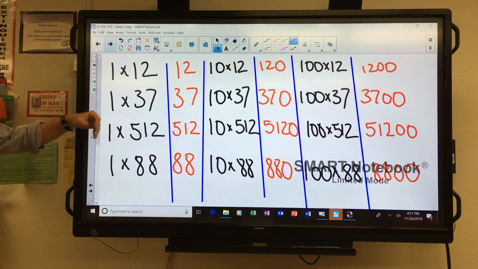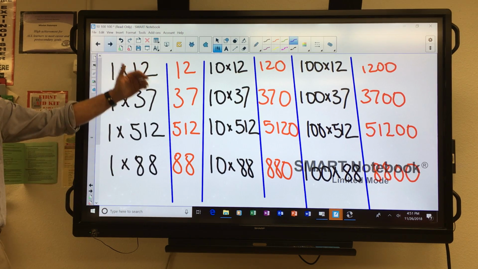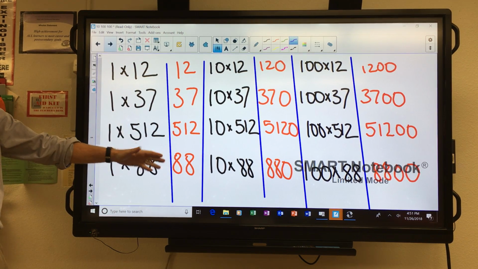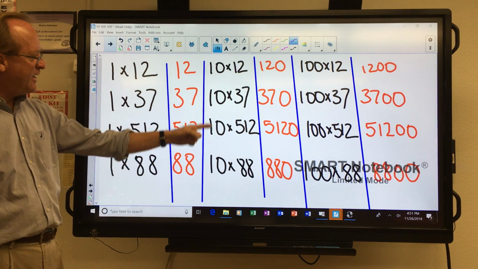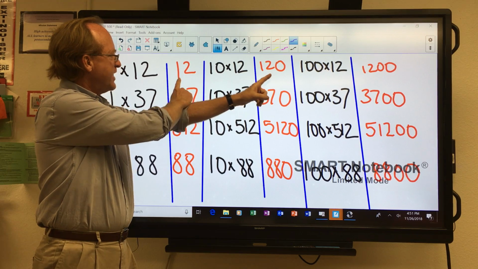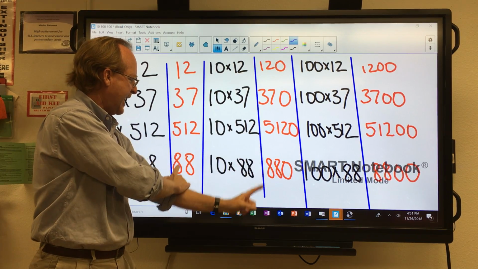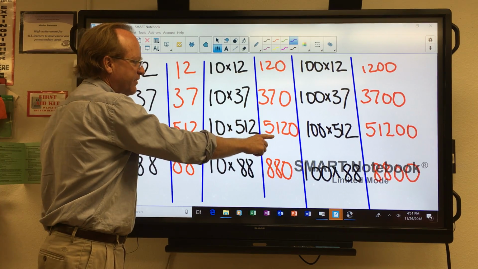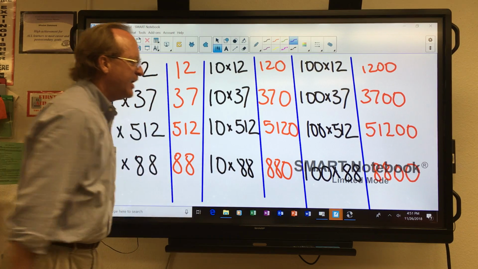I got 1 times 12, 1 times 37, 1 times 512, 1 times 88. 12, 37, 512, 88. Multiply that same number by 10, we're adding a 0. See what happens? Add a 0, add a 0, add a 0. We go from 512 to 5,120, 88 to 880.